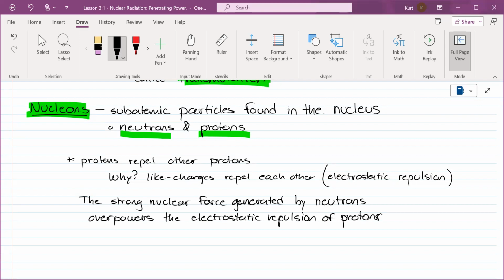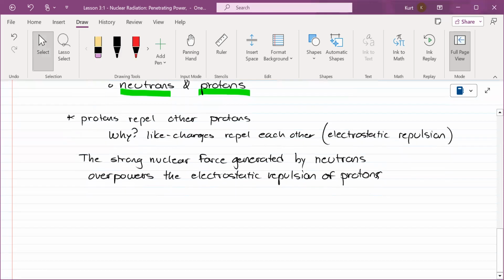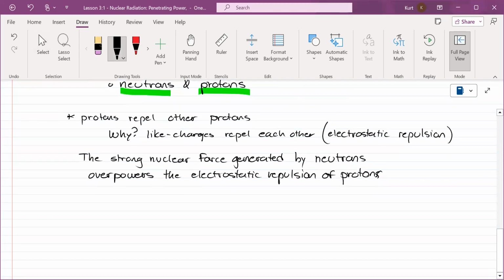But the neutrons are very, very important to keep the nucleus intact. So if you want to write it, it's like a math equation. It could look like this. Strong nuclear force is greater than electrostatic repulsion. It's as plain as that.